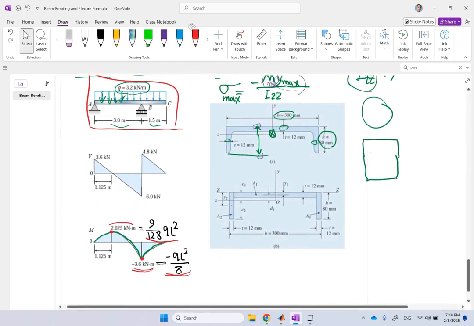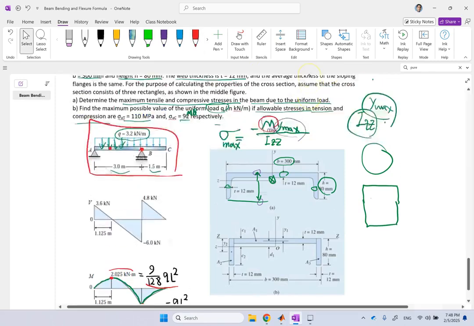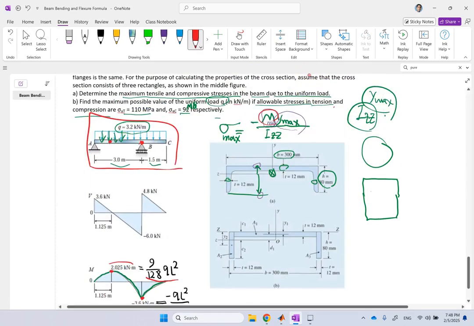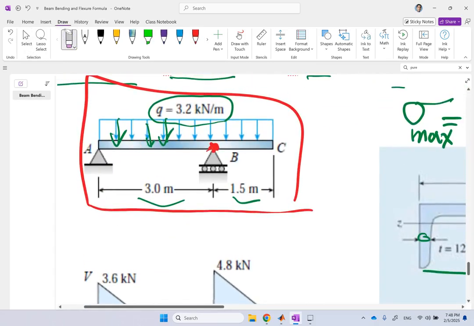Now, where should I go on the beam? I should look at this spot and I should look at this spot. These two spots have the maximum M, and we have to also look at their maximum and minimum Y. So at these locations, what I have to do is to go on the top of the beam and at the bottom of the beam. So basically, I should look at four spots.